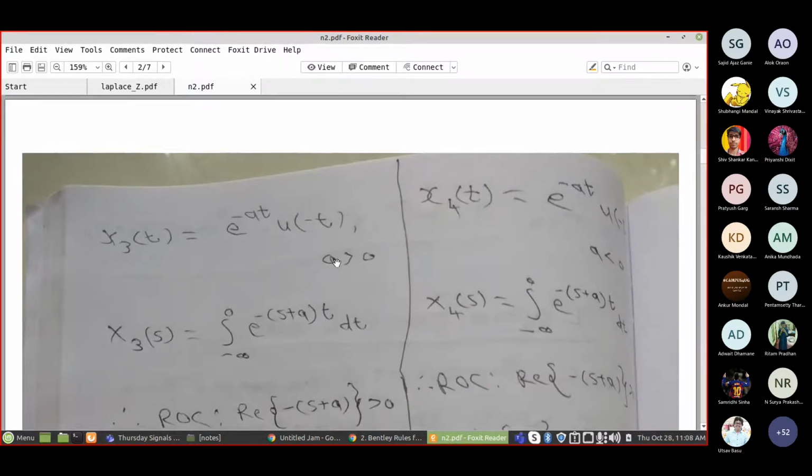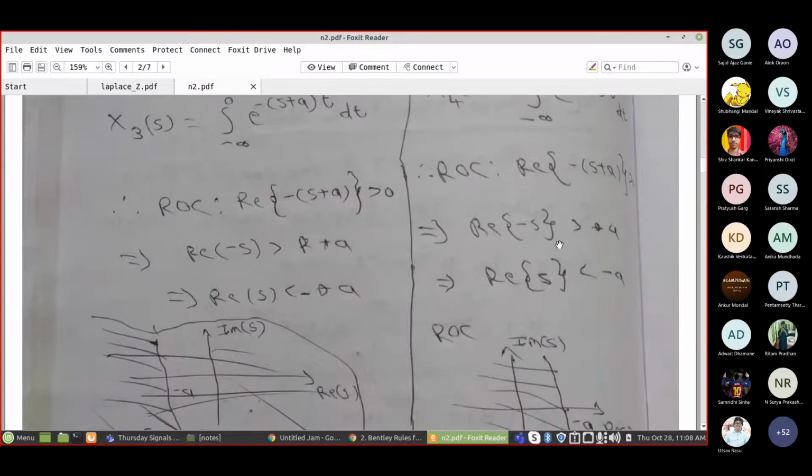So a was negative here, so it's minus a. We take that to be b, then b is positive, and real part of s is strictly less than b. Yeah, is what we get.